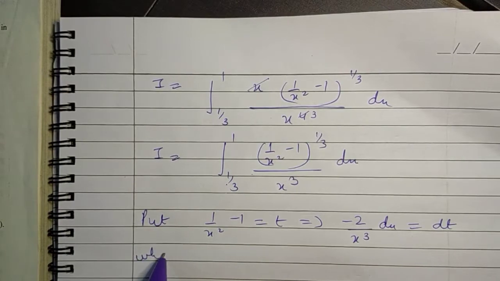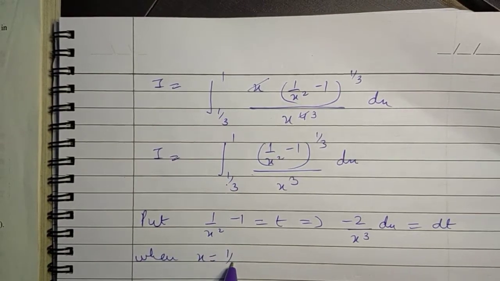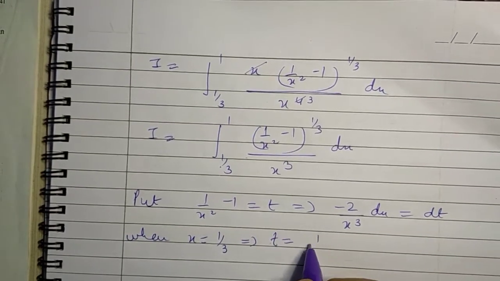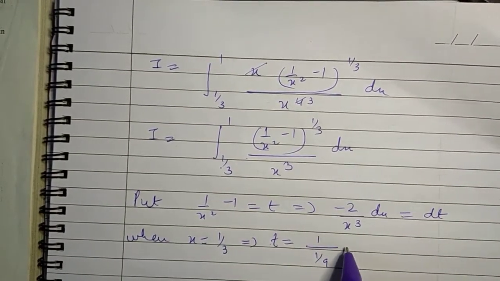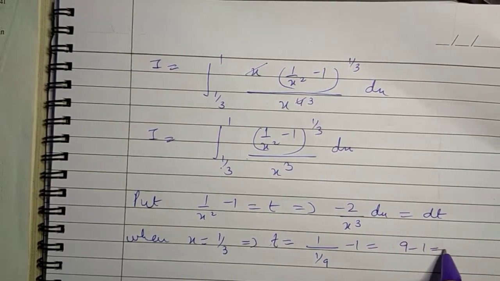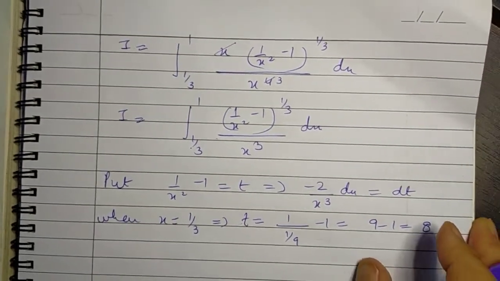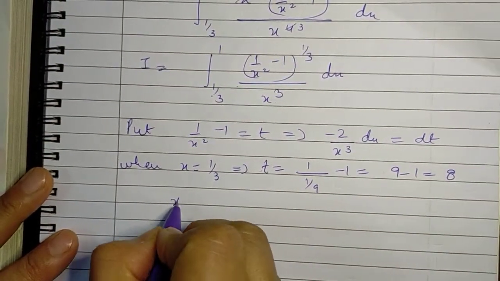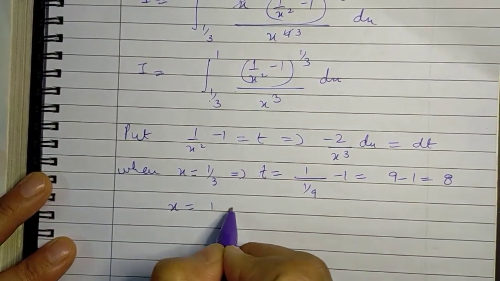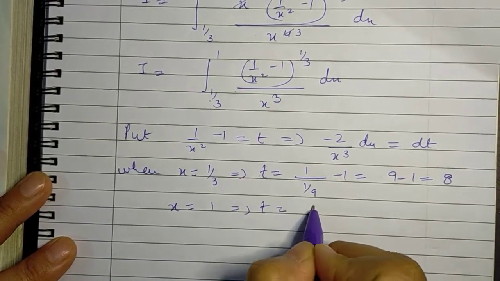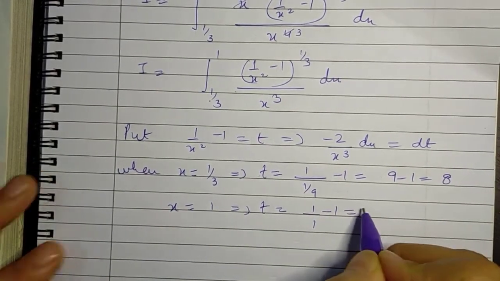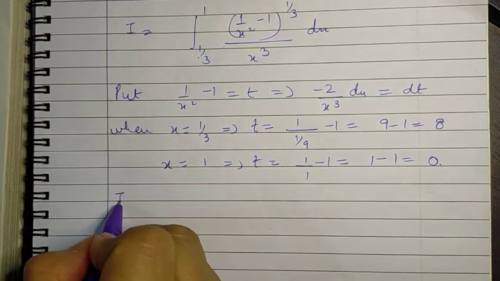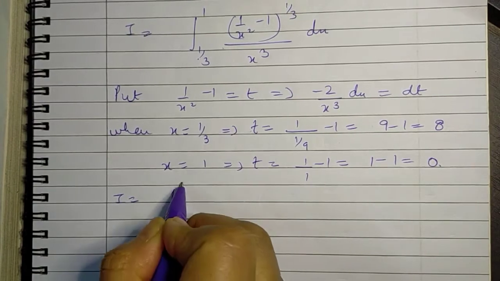So when x is equal to 1 by 3, we get t is equal to 1 upon 1 by 9 minus 1, that is 9 minus 1, which is 8. So the lower limit is 8. The next one is when x is equal to 1, we get t is equal to 1 upon 1 minus 1, which is 1 minus 1, which is 0. And so the integral becomes from 8 to 0.